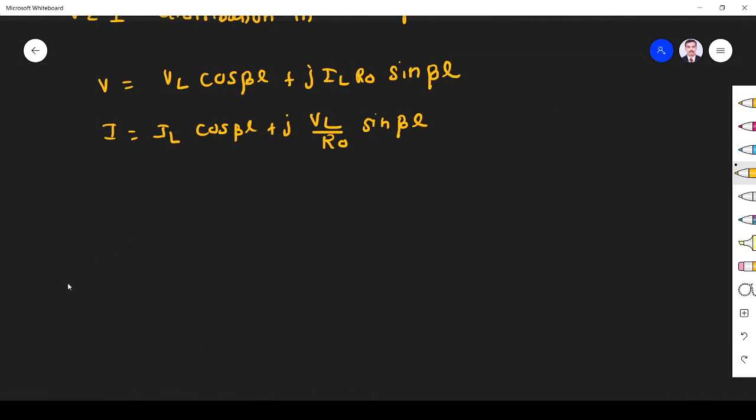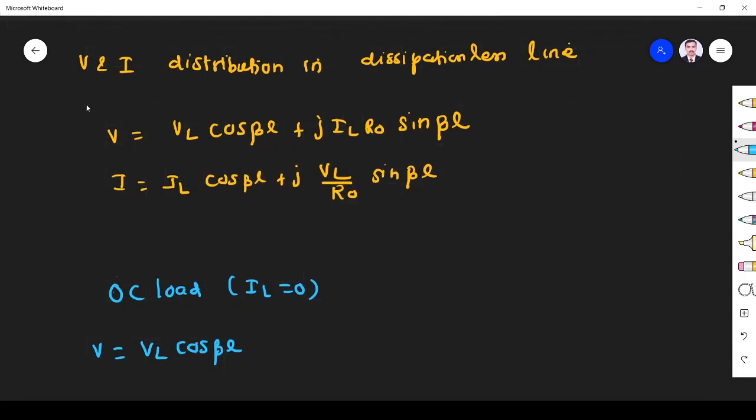Now we see how we can find all these values for open circuit and short circuit load for a dissipationless line. For open circuit load, IL = 0 because open circuit means current is 0. So V is given by VL cos βL, because IL is 0, so this term will be 0. You substitute everything here, because what we are going to find is the voltage and current in the open circuit load.